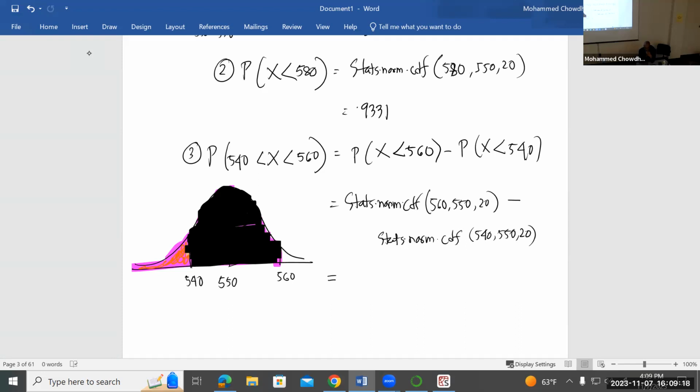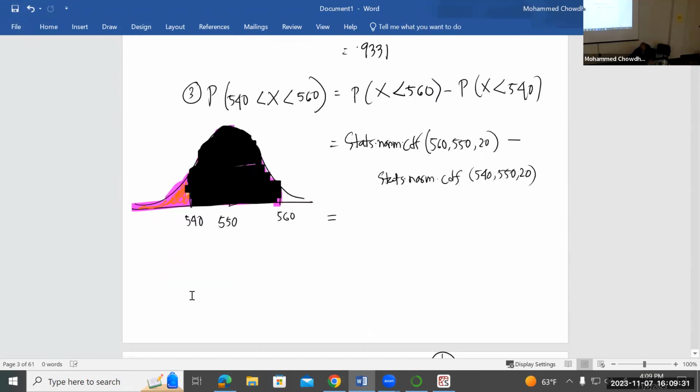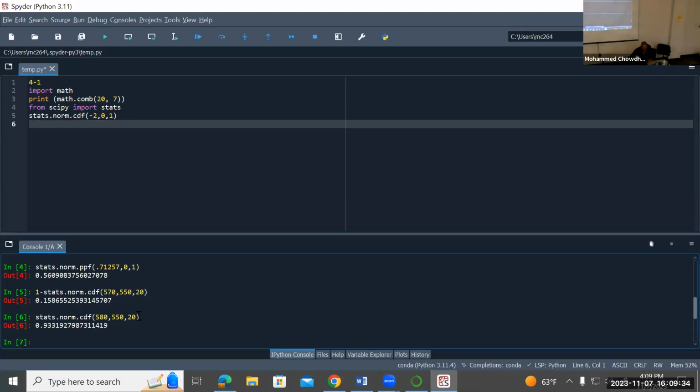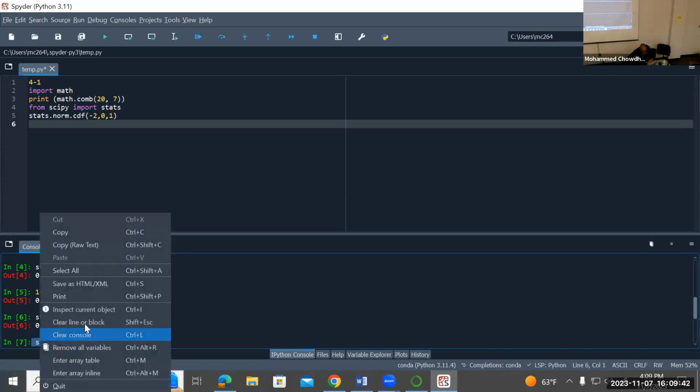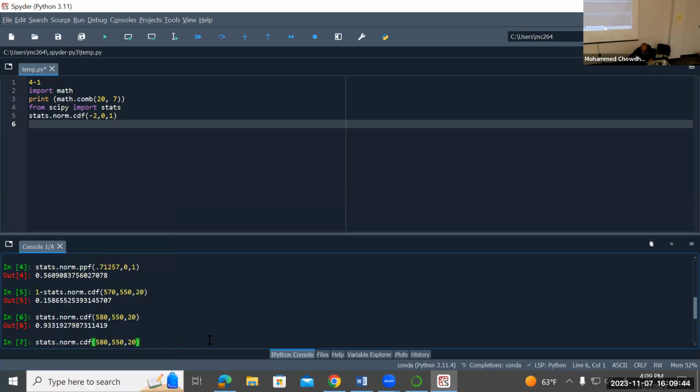Okay, so let me compute these things. So what should I do now? I copy these things and put here a negative sign and paste, then change it to 540 and then come here, change it to 560.